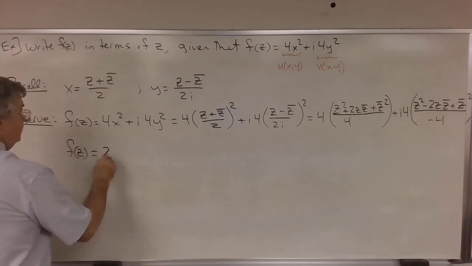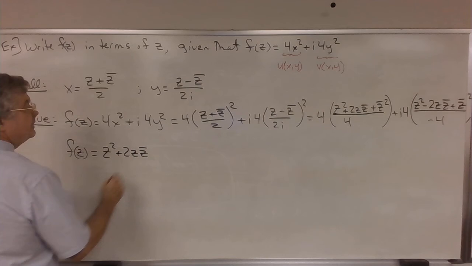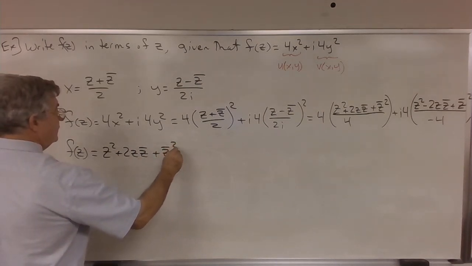So we have z squared plus 2z, z conjugate, plus z conjugate squared.